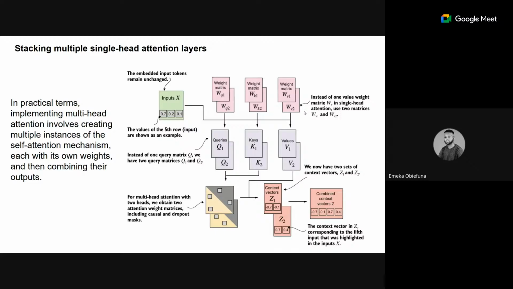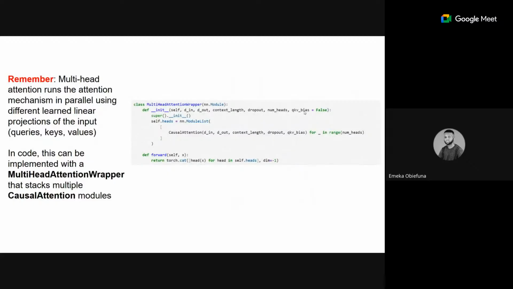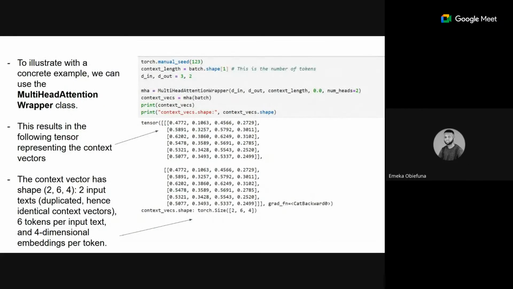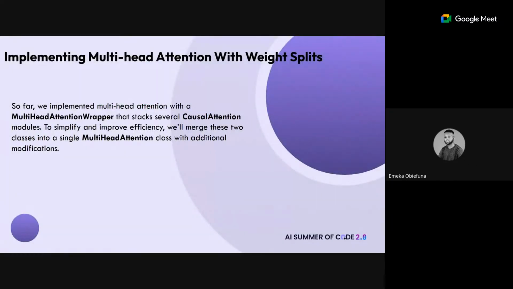The code for multi-head attention is also in these resources that I'm about to push to the AISOC repo. Once you can lay your hand on this slide and the code I'm going to push to the repo, I believe it should be fine.